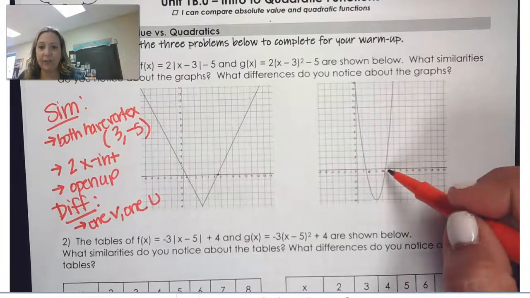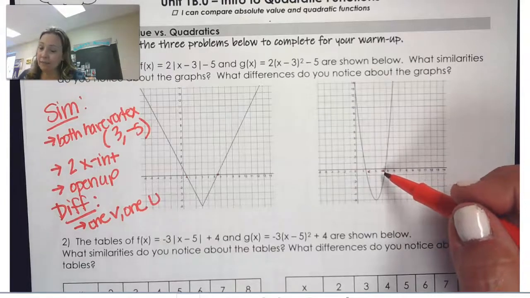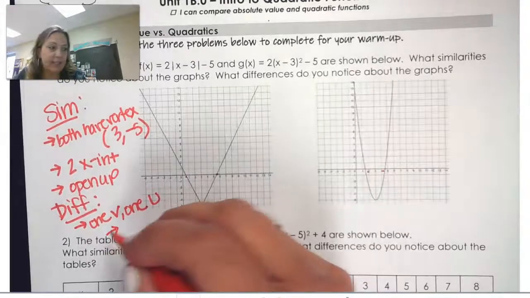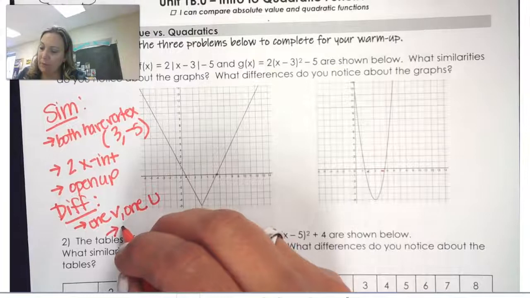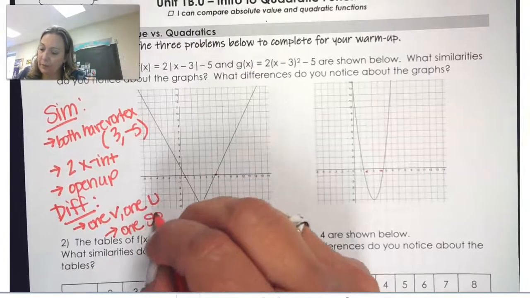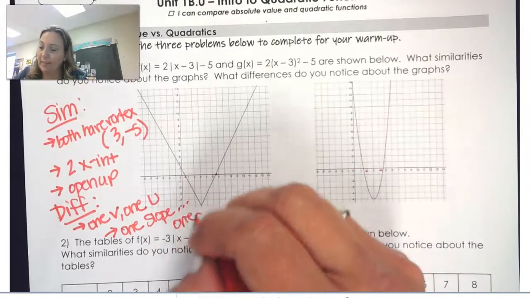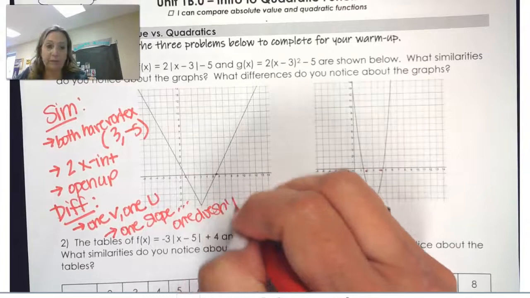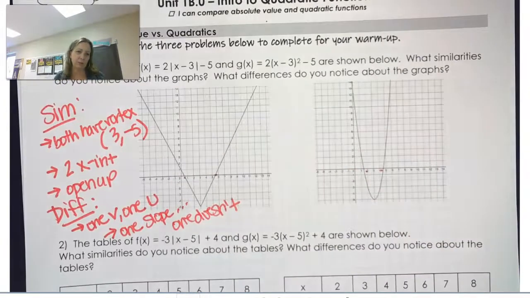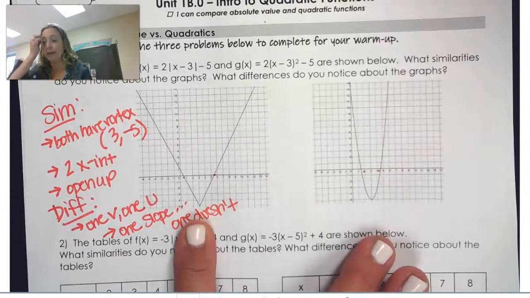Does this second graph have a slope? It doesn't. So notice that the one on the left has a slope, and the other doesn't have a slope because it's more curved. Those are some things that students sometimes will tell me about the similarities and differences of these 2 graphs.